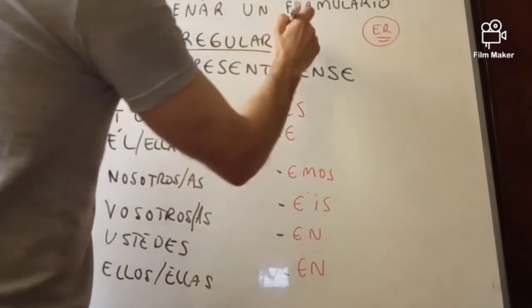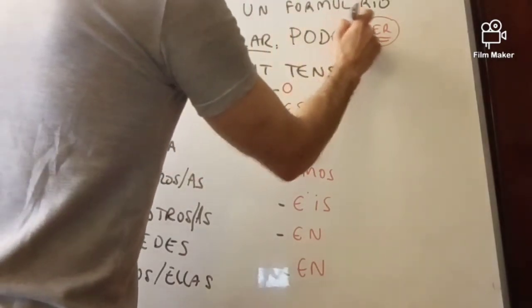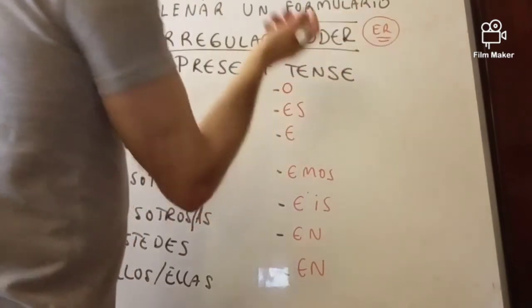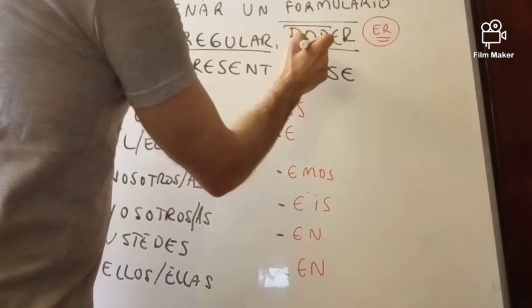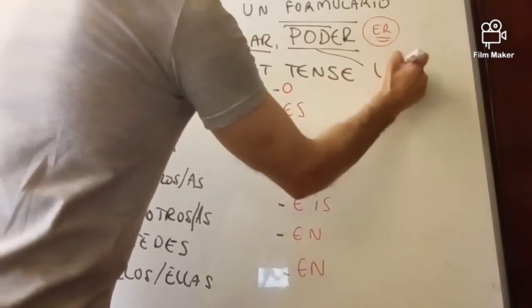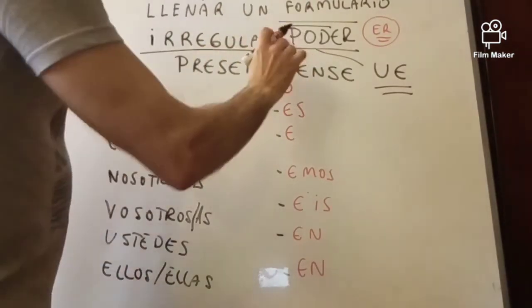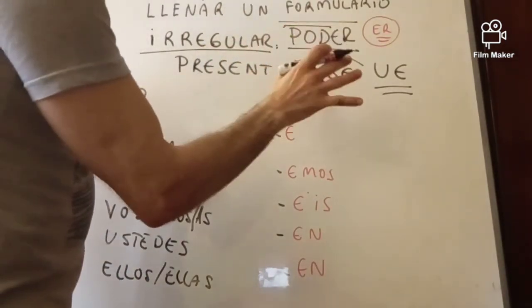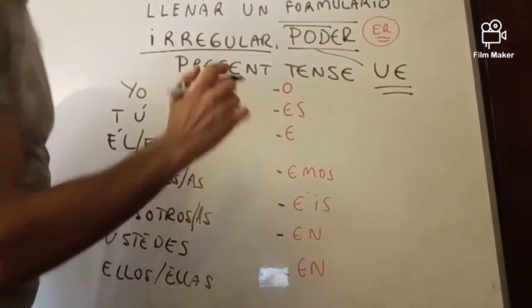Oh, I hadn't written poder, sorry, poder. So when the stress is in the root, this o will become ue, a diphthong. When it's not stressed, it'll always be o.